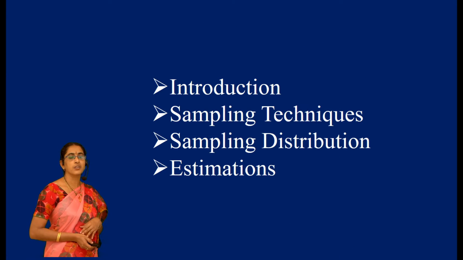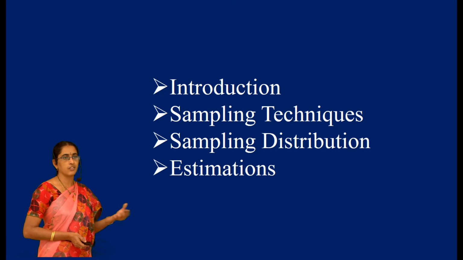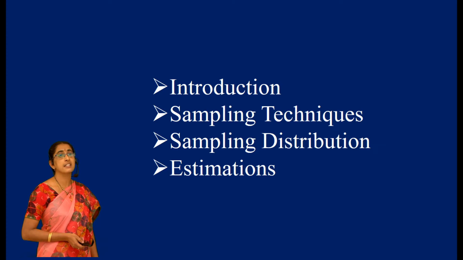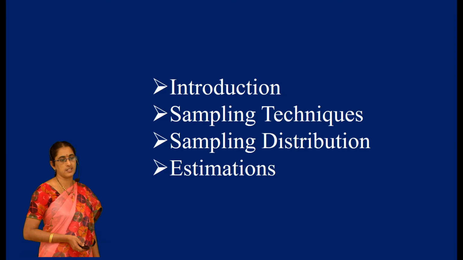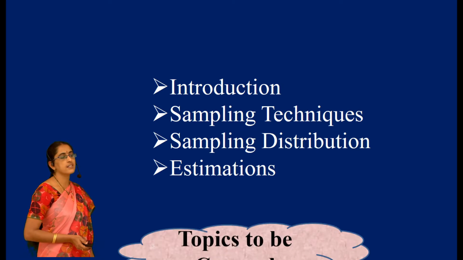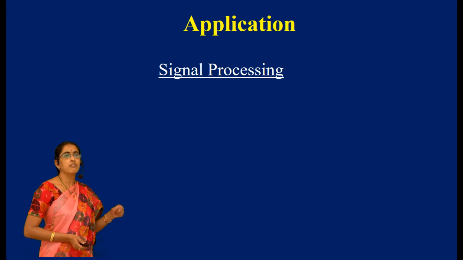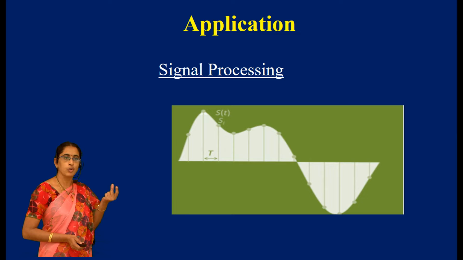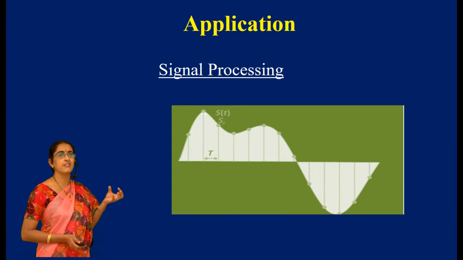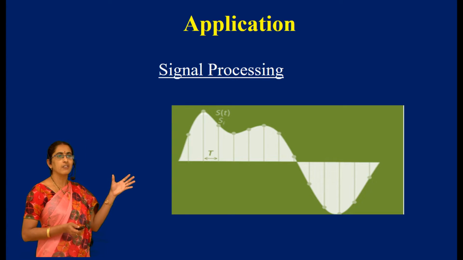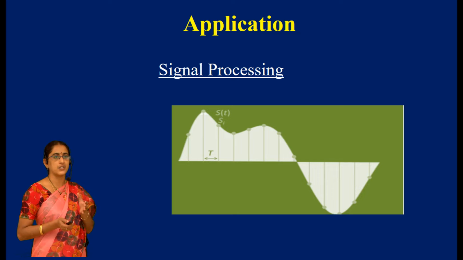In this unit, we have an introduction to sampling distribution, then sampling techniques, sampling distribution and estimations. Now, what is the application of sampling distribution? Take signal processing. Generally, people talk through mobiles, through the internet and so on. Several people talk through mobiles and telephones, and the signals passing are continuous.